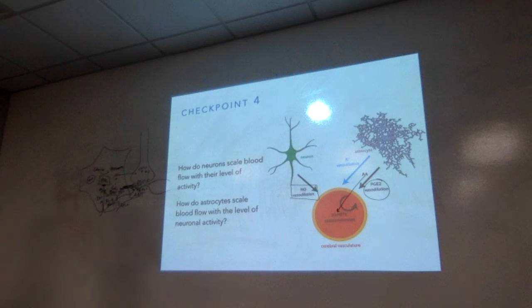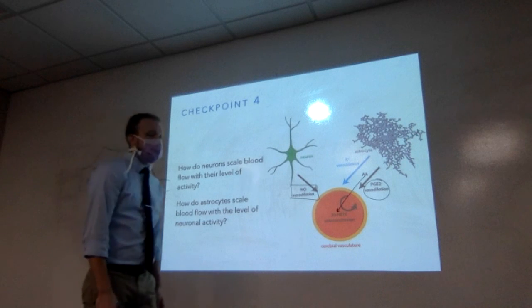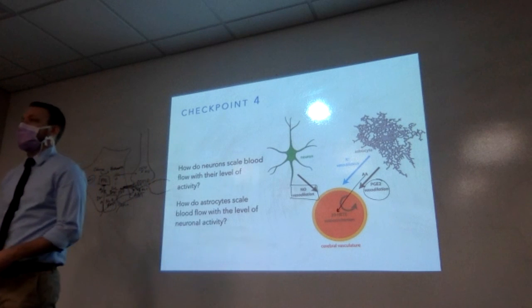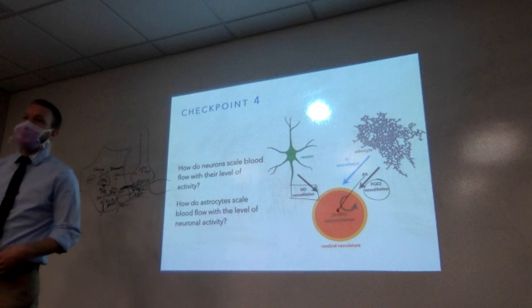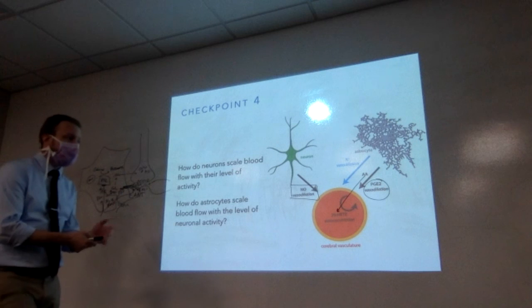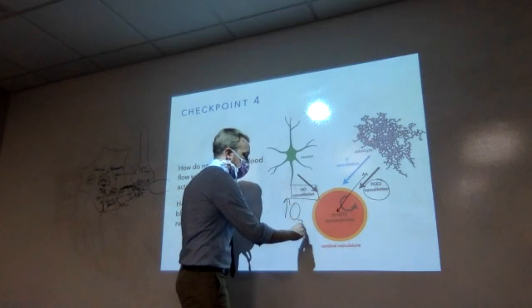This is the basis then for fMRI. Only when you have a change in blood flow are you going to see a signal in your fMRI. So it's blood oxygenation level dependent. When you have an area of activity, that leads to vasodilation, so we get an increase in oxygen there.